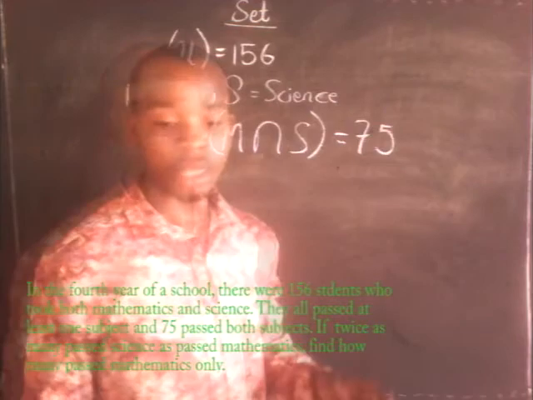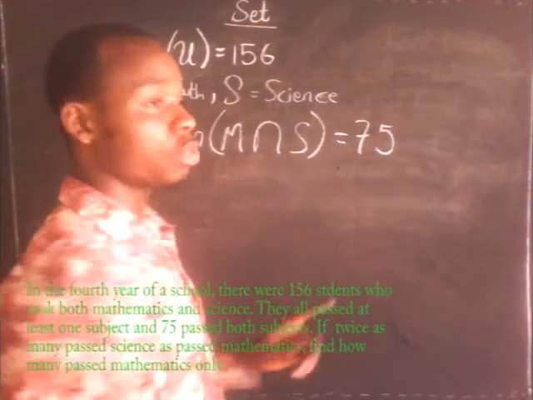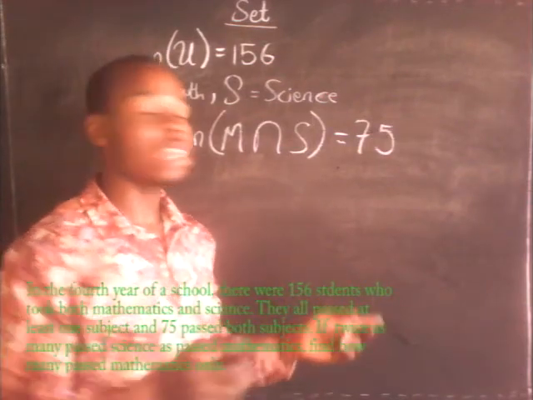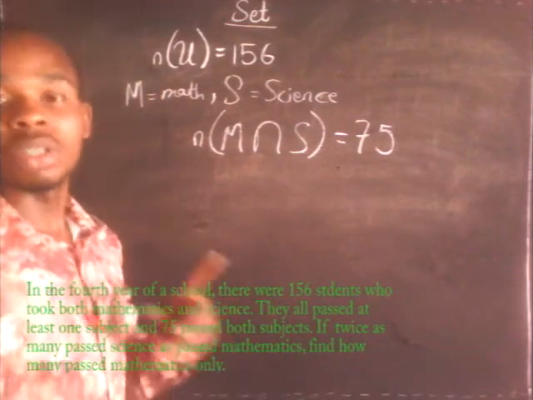And then they made a statement that if twice as many passed science as passed mathematics.